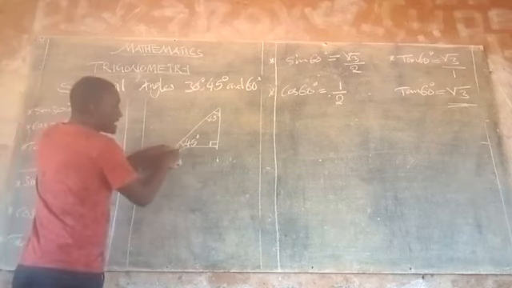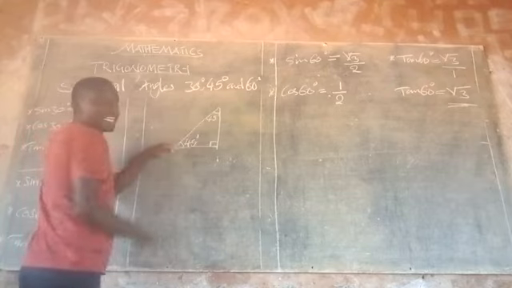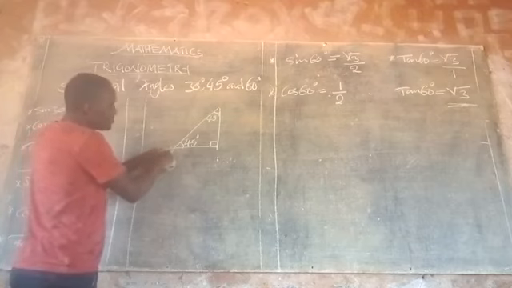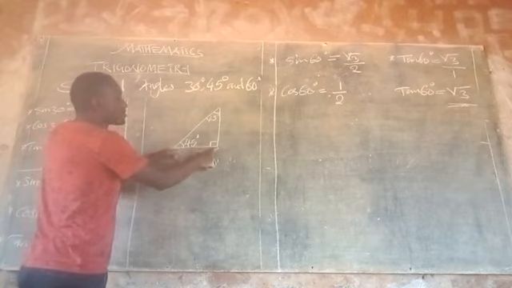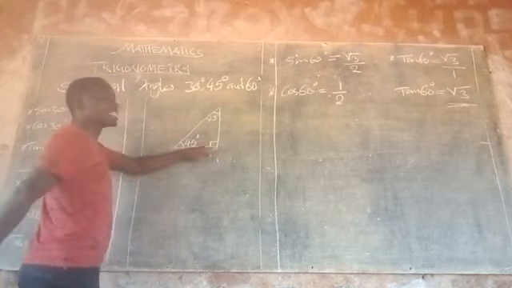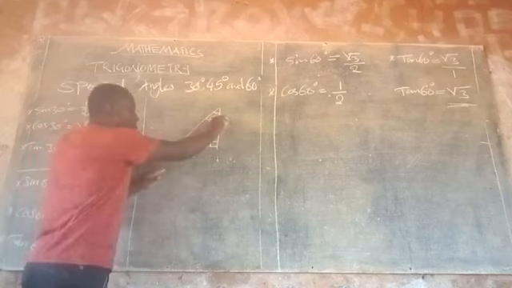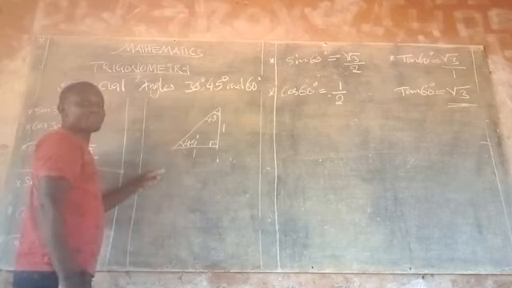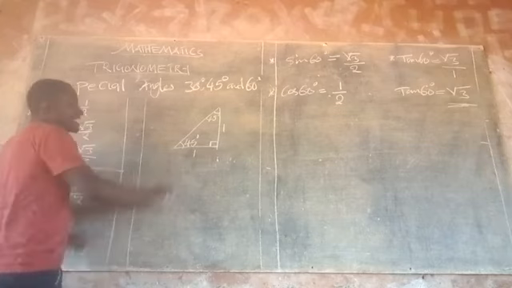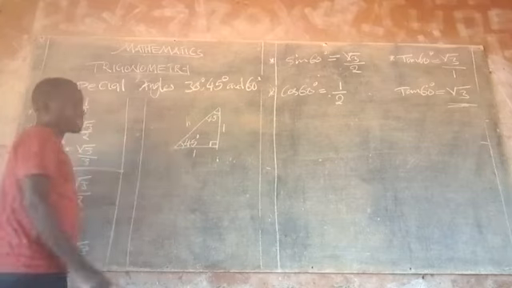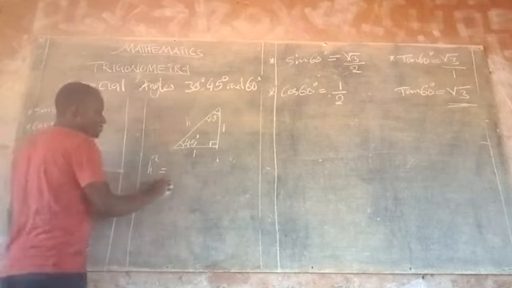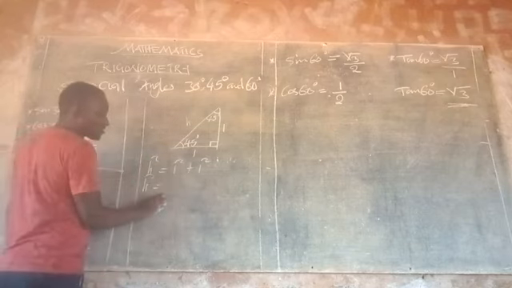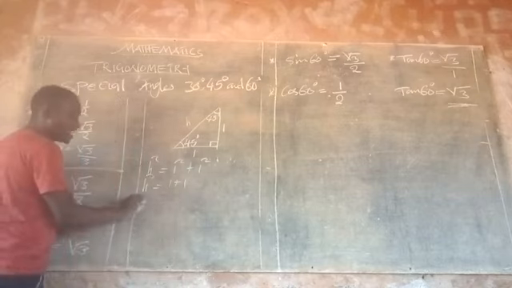Then the length from this point to that point is equal to the length from this point to that point. Meaning, if I have 1 here, I'm going to have 1 there. To calculate the hypotenuse, I can use Pythagoras theorem. Let me name this h, so h squared is equal to 1 squared plus 1 squared. 1 plus 1, you are going to have h squared is equal to 2.